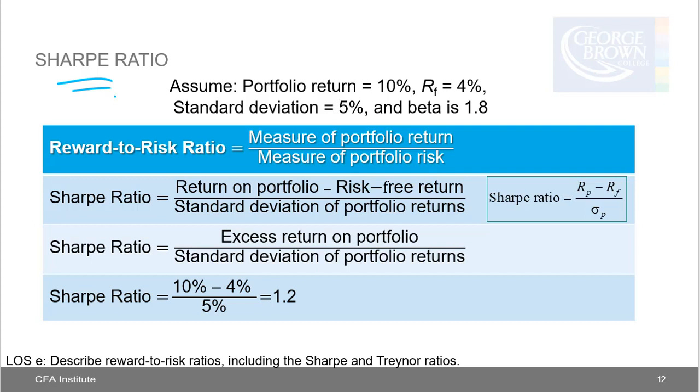The risk-free investment is usually approximated by the return achieved from investing in short-term government bonds, because in most countries, government bonds are the investments that carry the lowest level of risk. The portfolio risk is the standard deviation of portfolio returns. So the Sharpe ratio, as I've shown you, is the return on the portfolio minus the risk-free rate divided by the standard deviation of portfolio returns.